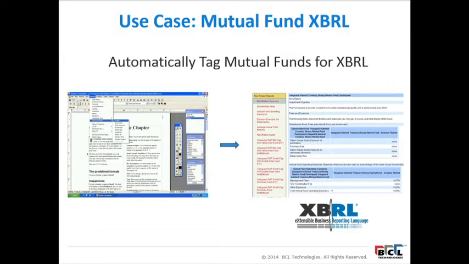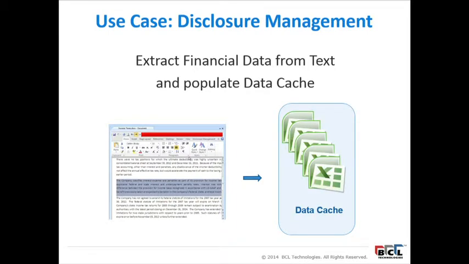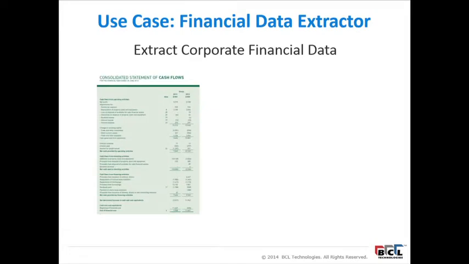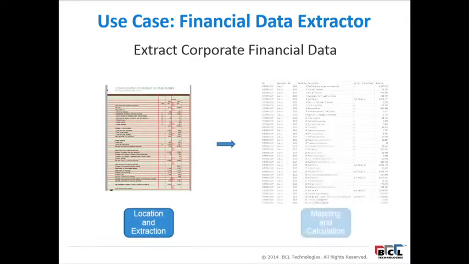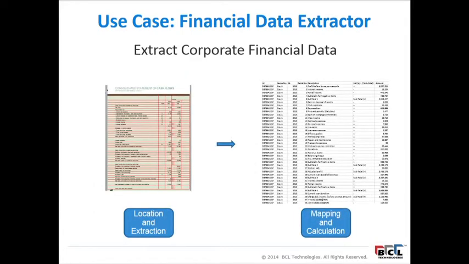In mutual funds, we can look at all the numbers, tag all the numbers, put them in spreadsheets. In a database company, we are taking the corporate data of their clients and putting them into data cache, which is the database. We can extract data from financial reports, tables, or text, and we map them into standard taxonomy, and we do numbers calculations based on numbers and summations.